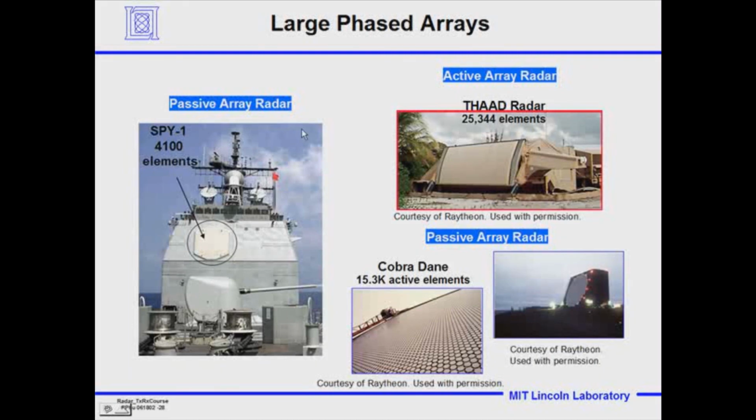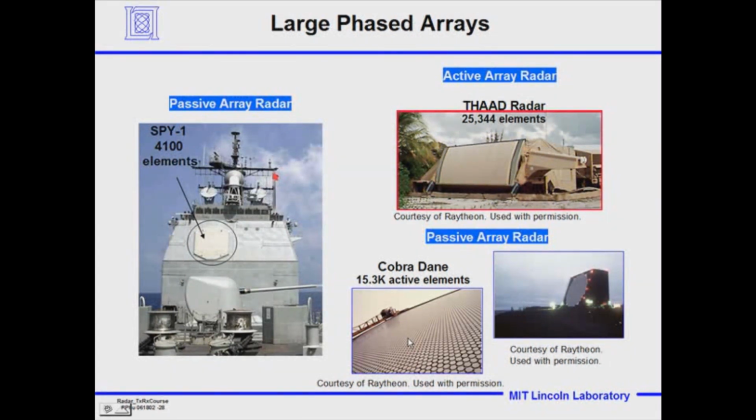Okay, here are some pictures of some large phased arrays, just to show you. I mentioned before, Aegis is a passive array system with 4,000 elements at S-band. This is the Theater High Altitude Area Defense Radar, a missile defense radar. It's got 25,000 elements. And Cobra Dane is a passive array radar that is built by Raytheon.